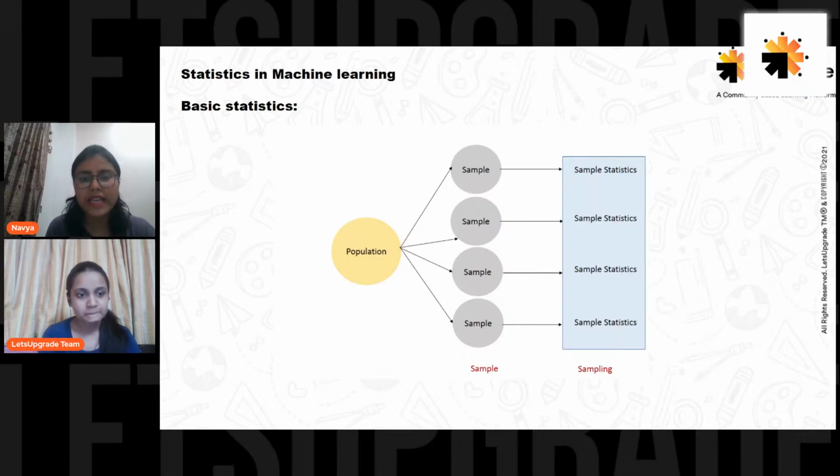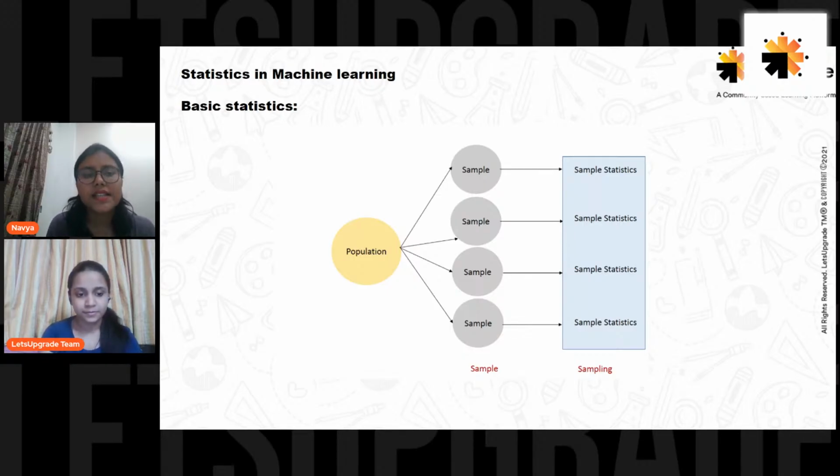In that manner, you are taking a sample from that population. Samples are just a part, a subset of the population. Out of the population you create different samples, and with the help of those samples you create statistics.